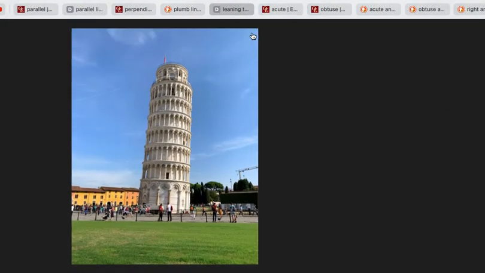So this tower, because gravity's pushing downwards and the tower's leaning over, every year it keeps leaning more and more over until they correct it. But again, if it was standing straight and it was perpendicular to the ground, then it wouldn't have that problem.